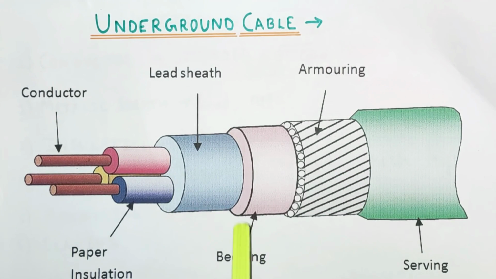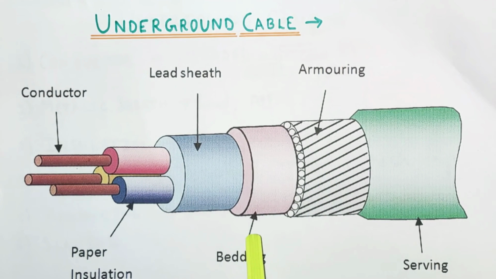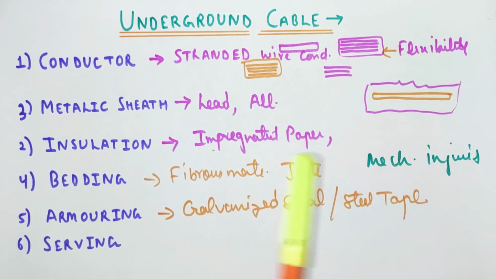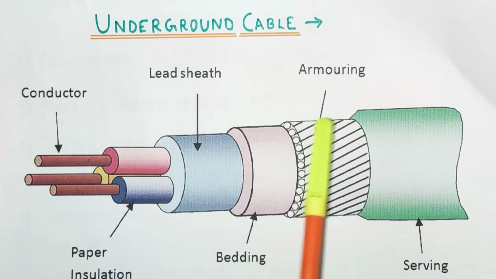So we are using bedding between sheath and armoring. The bedding is made up of fibrous material like jute. When you are cutting the cable, you have seen that threads are coming from the cables. These threads are the bedding. They are used to protect the lead sheath from armoring.